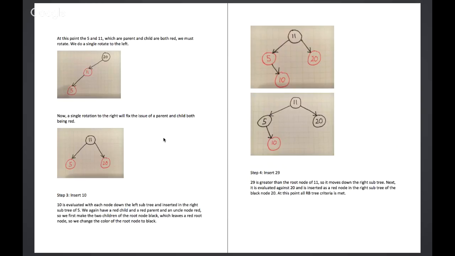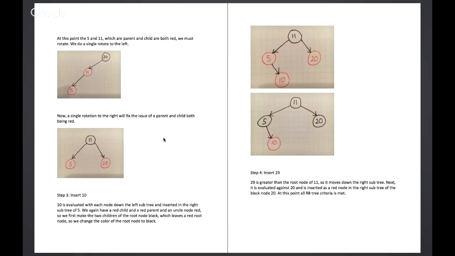So one more single rotation to the right this time should fix the issue, and it does. We see that 20 moves down to the right, the black moves back up to the root, and we have a perfectly fine red-black tree.